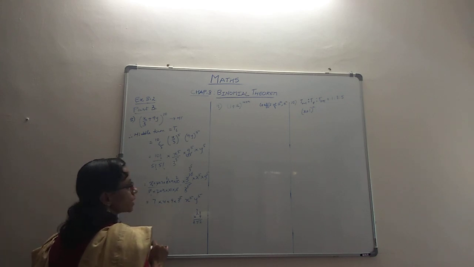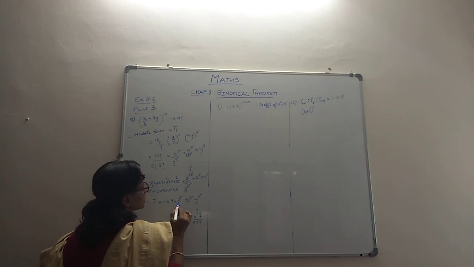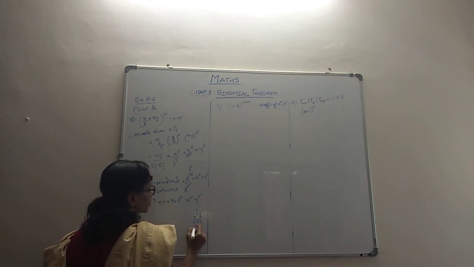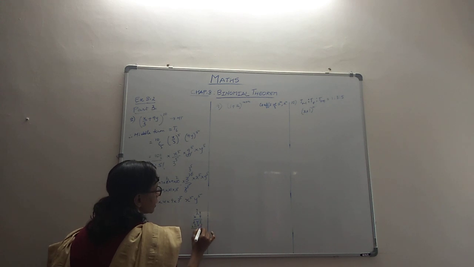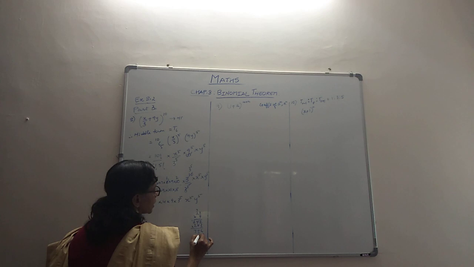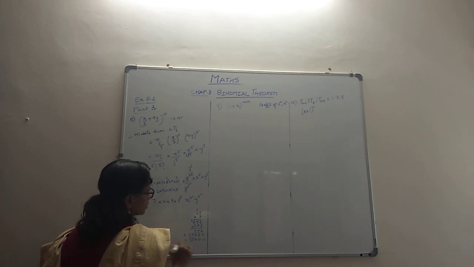Then 3 raised to 5 is, it is 3 3s, 9, 9 9s, 81, 81, 243. Let's get it multiplied. 3 2s are 6, 5 3s are 15, 7. Then 4 2s are 8, 20. 4 2s are 8, 10. Then 2 2s are 4, 5 2s are 10, 2 2s are 4 and 1, 5.